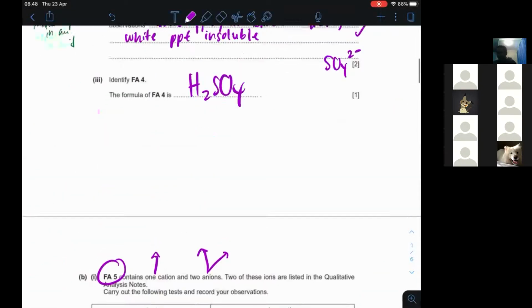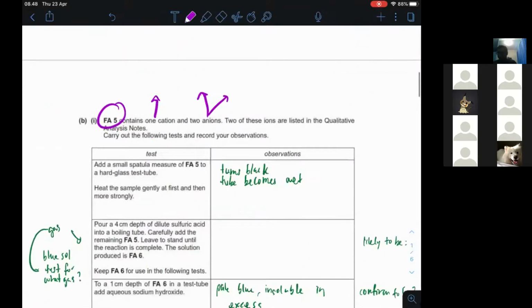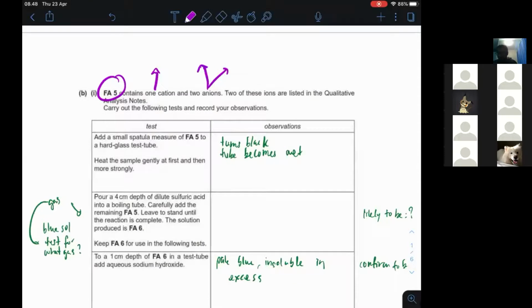So first thing, what they actually put over there, they say you take the FA5 and then you are going to heat it. Now when you heat up, I will explain what you might see. When I heat up the powder, the FA5 starts to turn black. And then at the end of the tube, you are going to see droplets of water being formed.